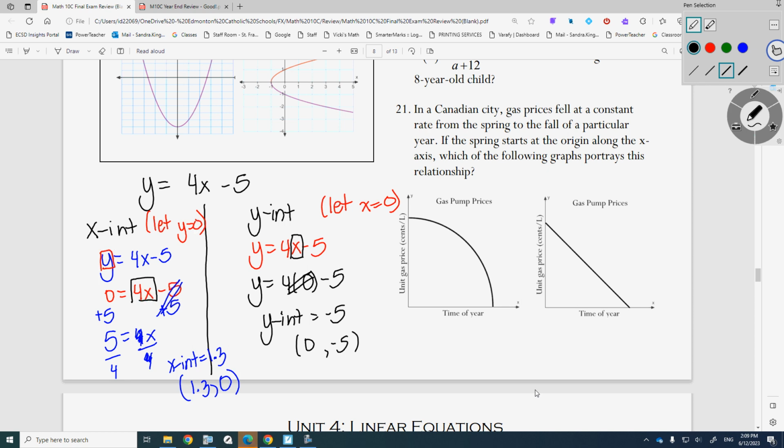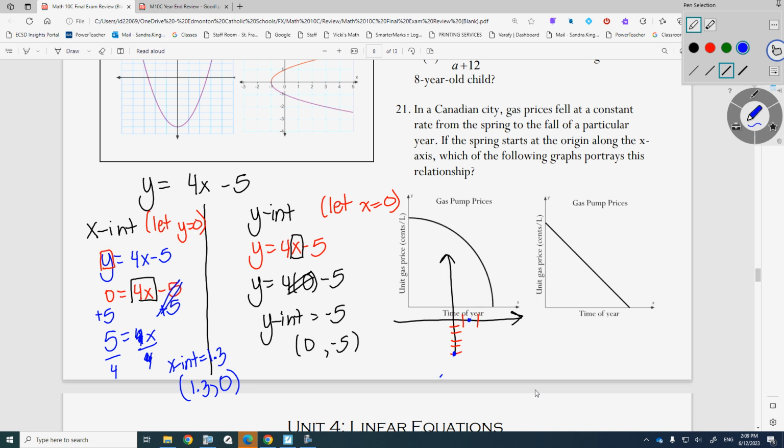You only need 2 points on your graph, if it's a linear graph, to get your actual graph. I could graph this, right? So in class, like I remember when we did our quiz for this, 0, negative 5 would be down here. 1.3 is a little bit harder, but here's 1, here's 2, so I'll put 1.3 there.